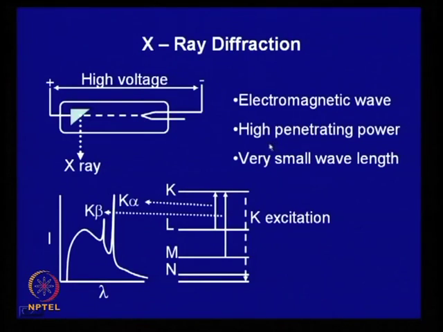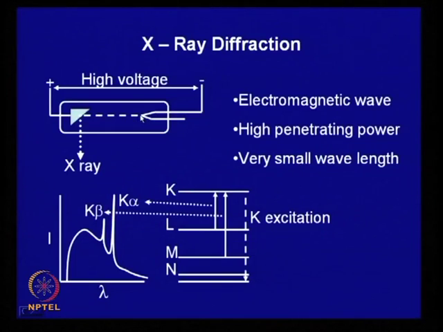And how do you get X-rays? Basically, it is a tube in vacuum, and you have a filament which is heated, and if you heat the filament, you get electrons emitted from the filament, and these electrons are accelerated by a very high voltage of the order of several kilovolts, say 30 or 40 kilovolts.